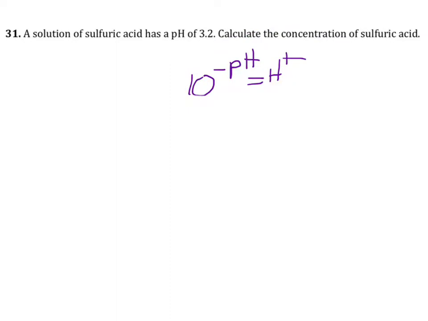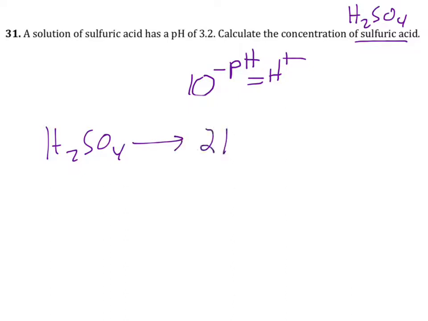And so what this is asking for is the concentration of the sulfuric acid. And sulfuric acid is H2SO4. That's sulfuric acid. And what we want to keep in mind is that this also gives off 2 hydrogen ions in solution.